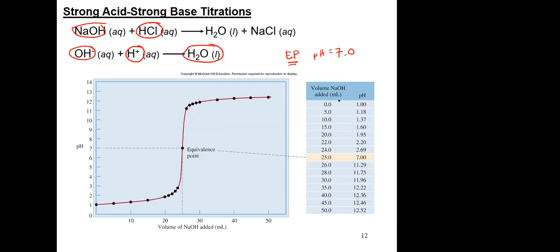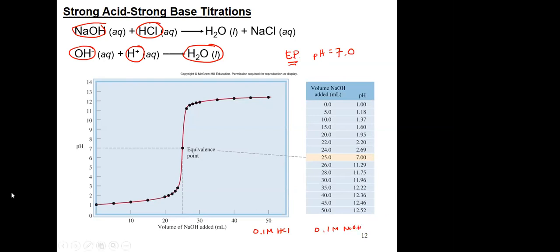And look at the changes that you have. The pH, let's say, initially is 1 because you have, let's say here, 0.1 molar HCl. And then it is added with 0.1 molar NaOH.